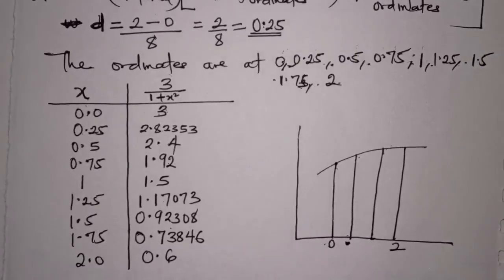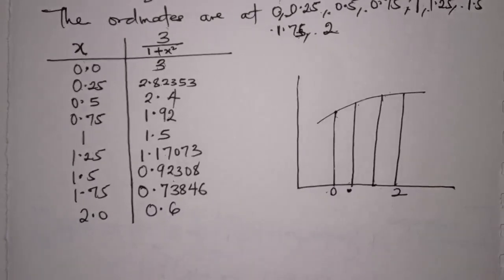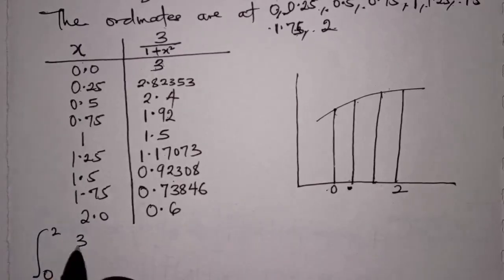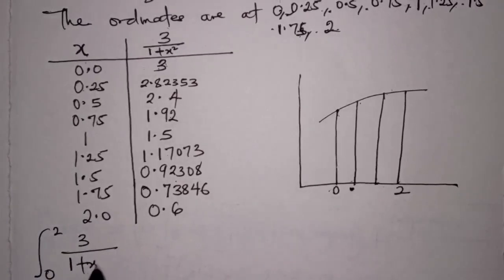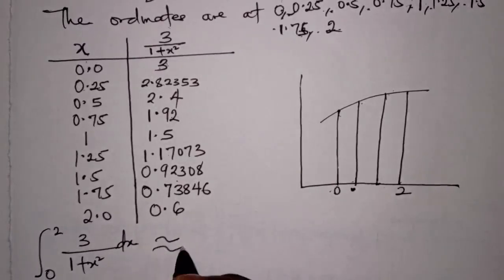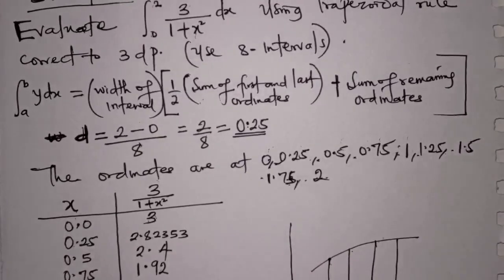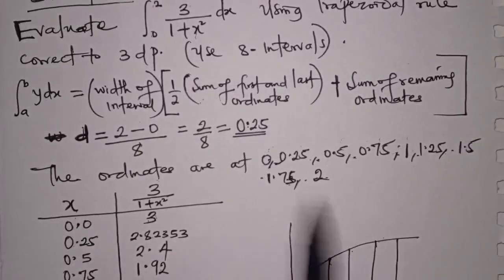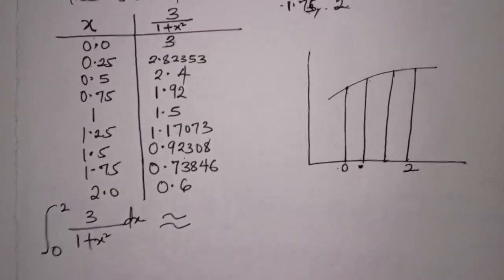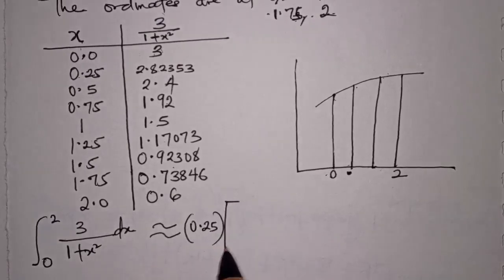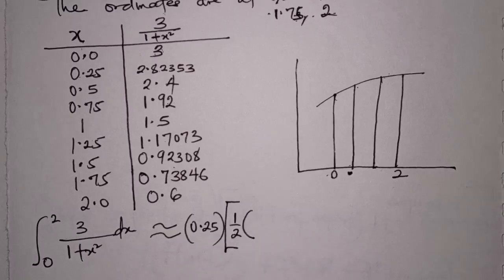Now we've done this, we have just one more thing to do. We now apply the rule. The integral from 0 to 2 of 3 divided by 1 plus x squared dx is approximately equal to, using the trapezoidal rule, the width of the interval, which is 0.25, into 1 over 2 times the sum of the first and last ordinates.